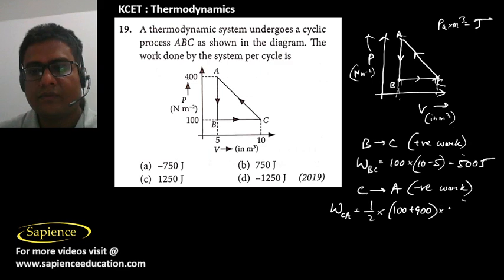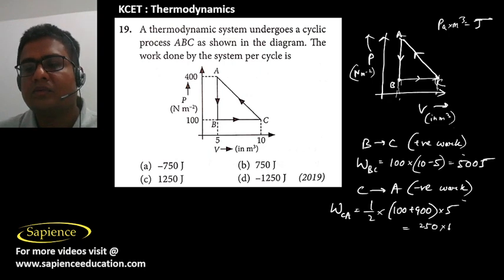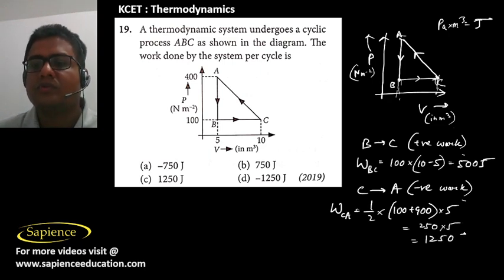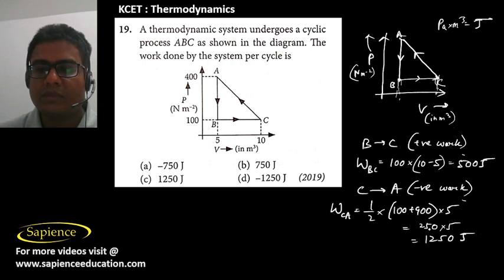Height is 5. So this is 500 by 2, that is 250 into 5, that is 1250 joule, but I should give a negative sign.